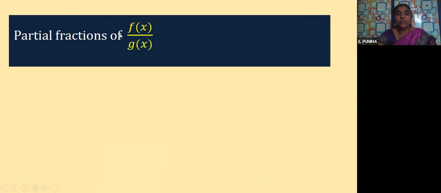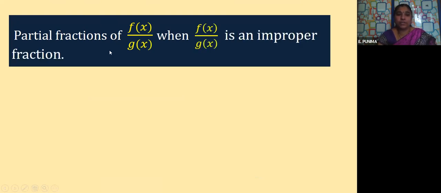Till now we have been seeing only proper fractions. Now we are going to see improper fractions, the partial fractions of f of x by g of x when it is an improper fraction. Let us see how we can split them.